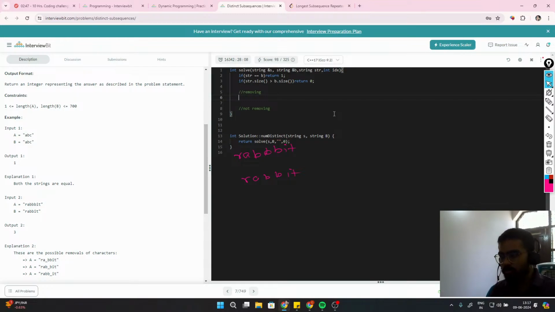So if I am removing this string, count will be maximum of count comma.